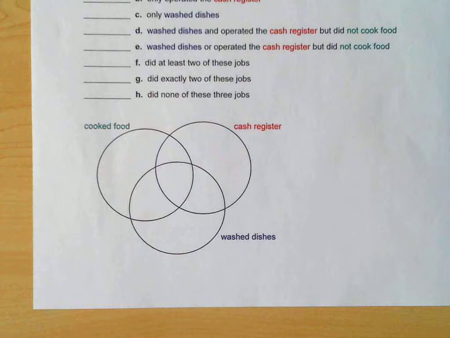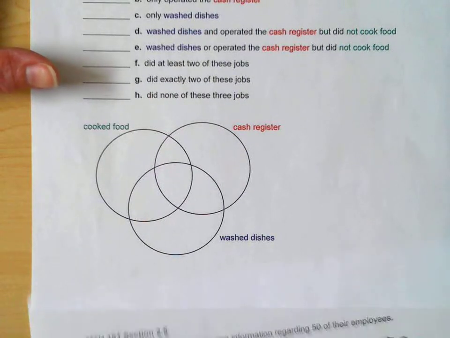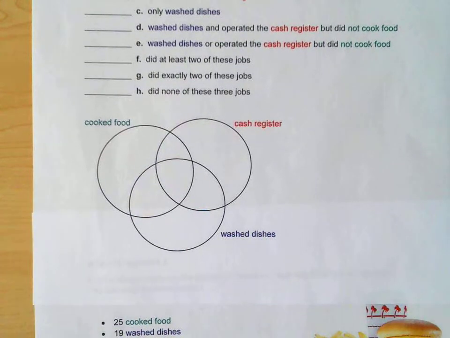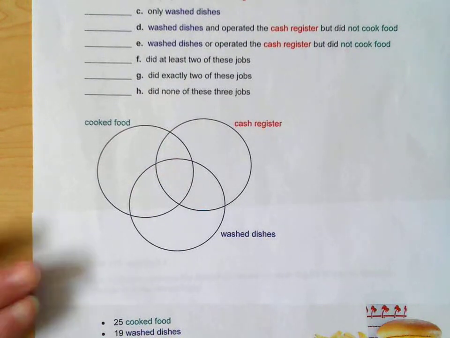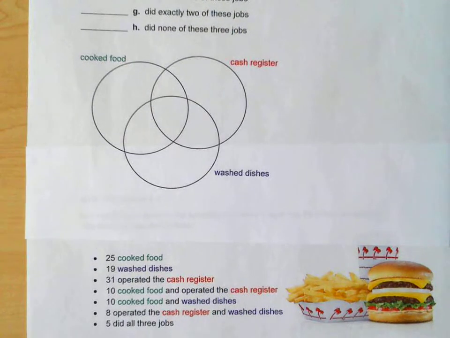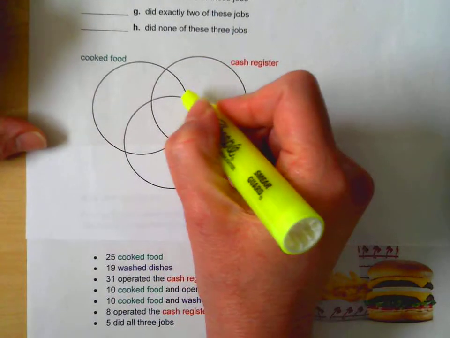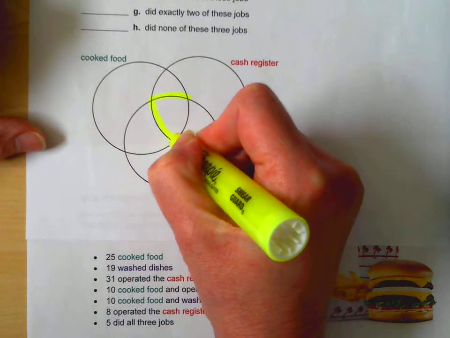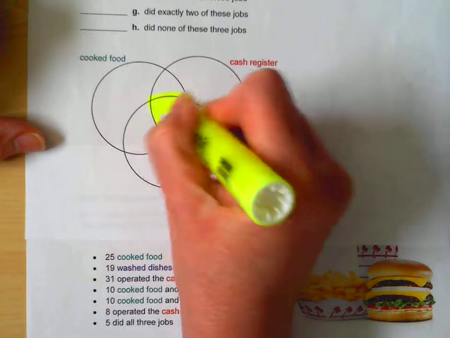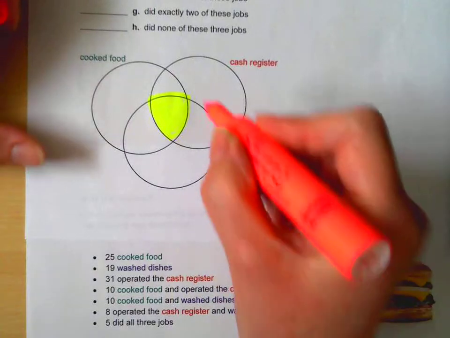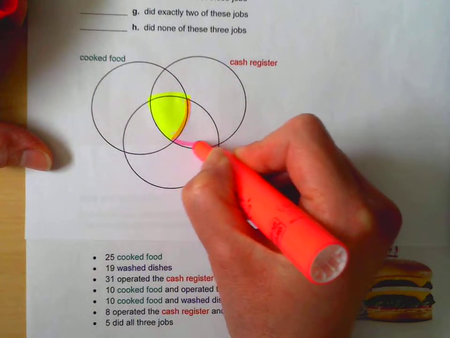Now, let me encourage you with this process: what you want to always do with these Venn diagram problems is start from the inside and work out. So I'm going to start from this innermost, all 3, and by all 3, I mean this yellow part. This yellow segment is going to include the number of participants in the survey who said yes to all 3 jobs. After I've gotten the center, I'll work out.